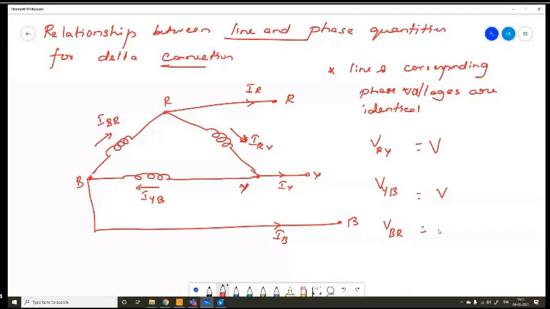We denote it as V. But if you look at the phase angle, they will be 120 degrees apart. Let's say this will be 0 degree, minus 120 degree, and then minus 240 degree, or you can also write it as plus 120 degree, whatever.